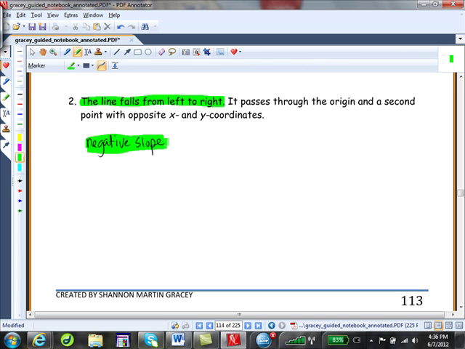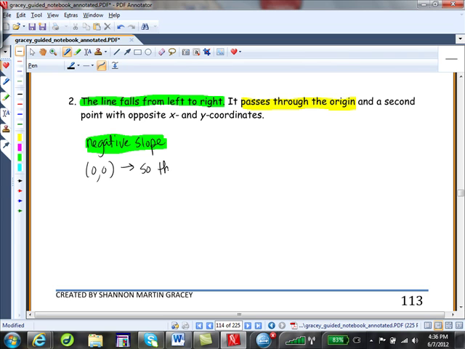It passes through the origin and a second point with opposite x and y coordinates. Well, we know the origin, right? It passes through the origin, so that point is on the line. 0, 0 is a point on the line. What information does that give us?